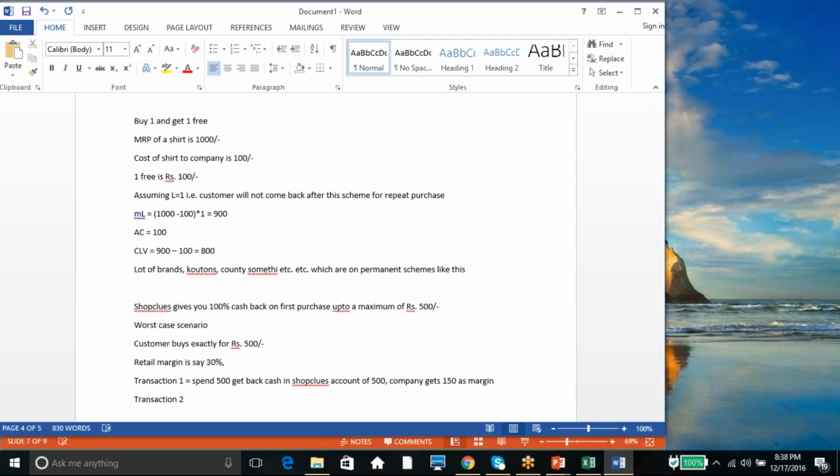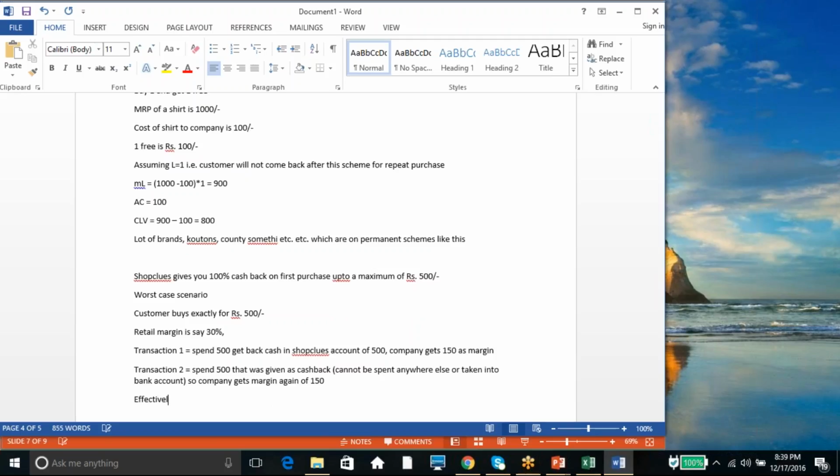Transaction 2, spend the 500 that was given as cashback, which cannot be spent anywhere else, so the company gets margin again of 150.